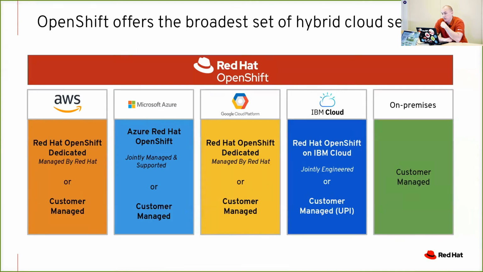You might choose that option, and then there is no need for you to install and maintain the OpenShift cluster. It is maintained by the provider, so either Red Hat or the cloud provider themselves.